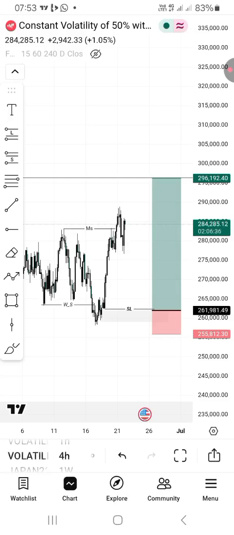So on the weekly time frame, we saw that price has shifted market structure, and we are looking for a buy to sell scenario from the weekly time frame. And on the 4 hour time frame, we are actually seeing a high probability setup. So this is a lot of information.